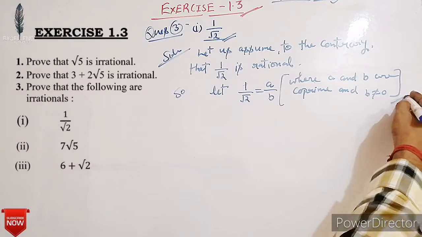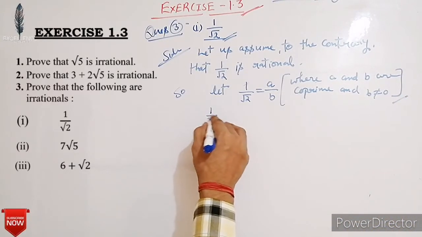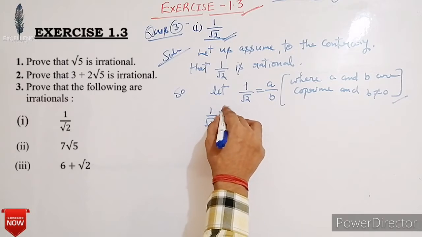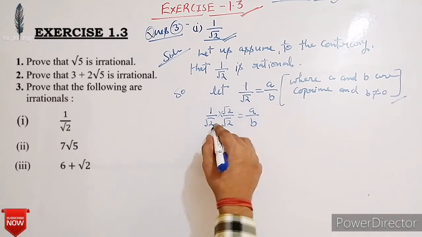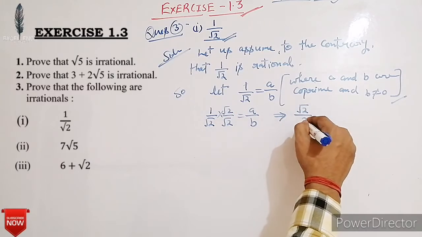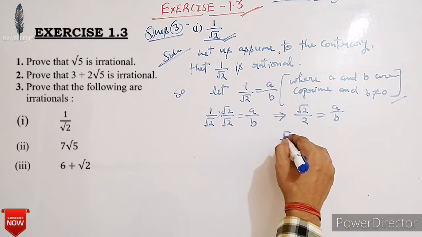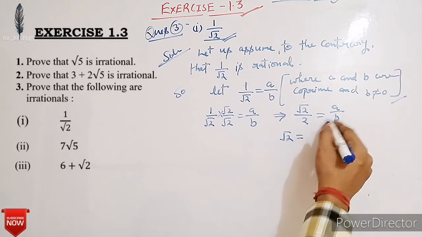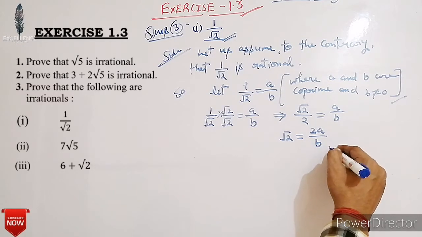Here we have 1/√2 equals a/b. On rationalizing 1/√2, we have 1/√2 times √2/√2 equals √2/2 equals a/b. Here √2 equals 2a/b.